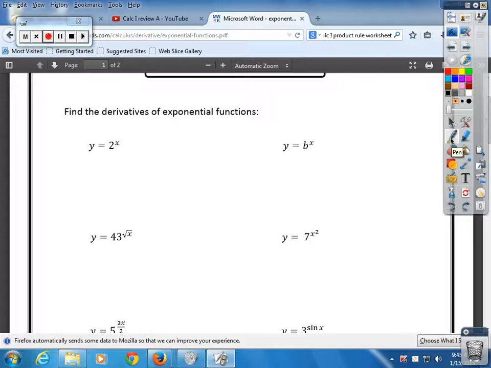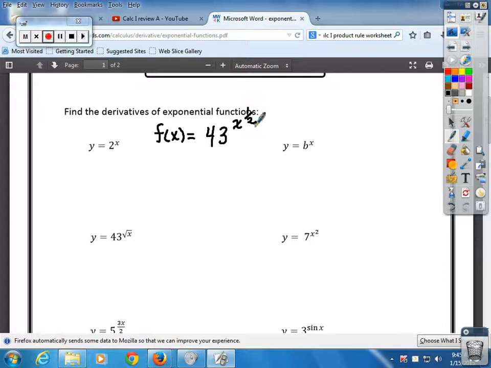So actually you've got f of x is equal to 43 to the x to the 1/2 power.